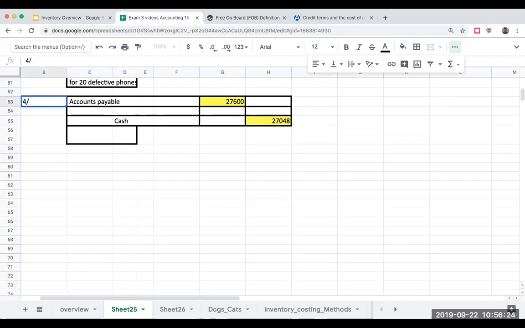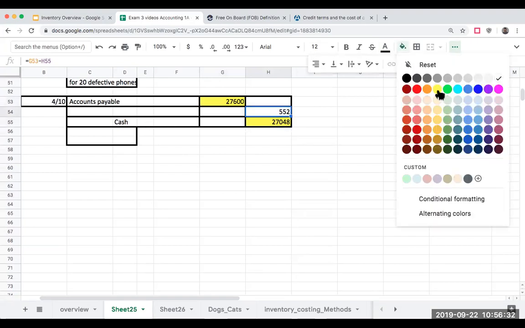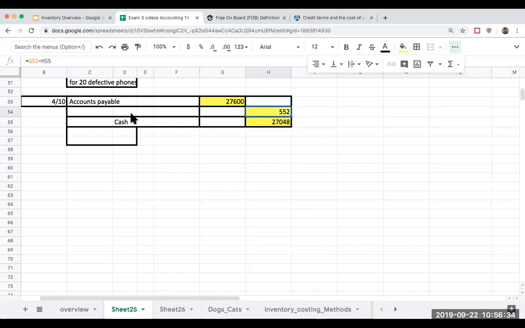Okay, so this is on April 10th. Now, the last thing, as my problem is here, my transaction does not balance. So I've got this $552. What does this have to go to? This is going to be going to inventory.